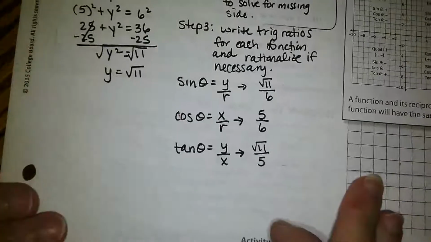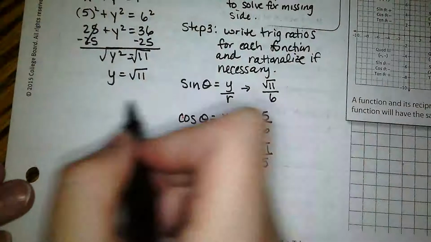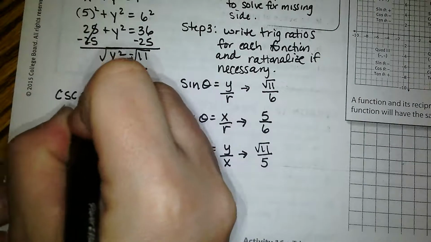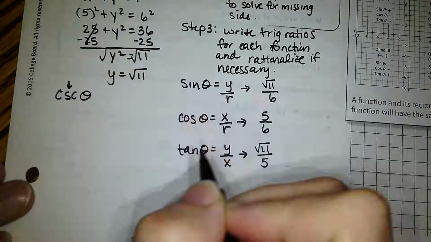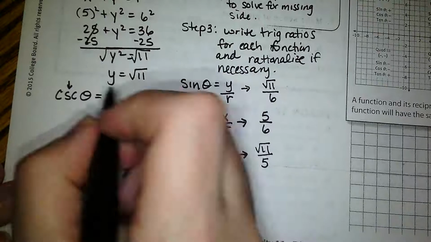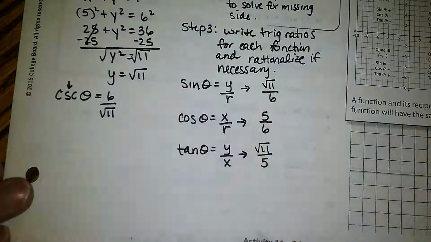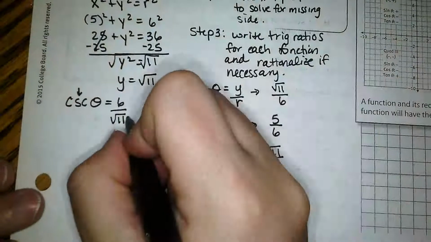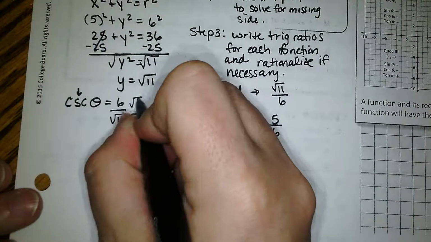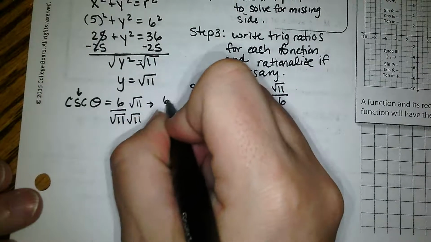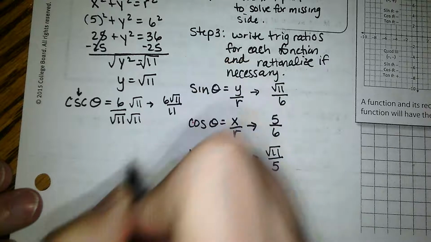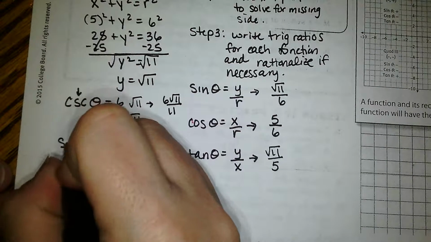Pull this down a little bit. So the reciprocal of sine is cosecant. Remember, sine sandwich. And we're going to reciprocal that. That gives us 6 over square root of 11. And then we're going to rationalize it. So multiply top and bottom by radical 11. And you get 6 radical 11 over 11. The next one is secant.